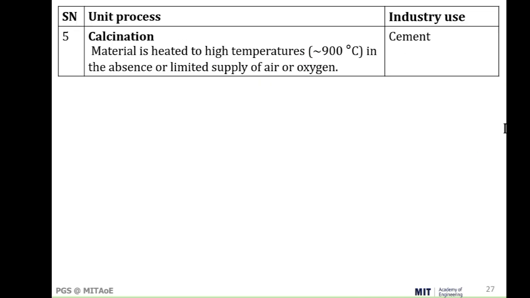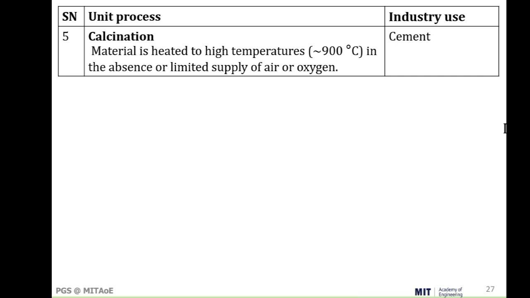The next unit process is calcination. Calcination is heating any material at high temperature in the absence or limited supply of oxygen or air. Organic or inorganic compounds can be calcined at high temperatures like 900 degrees or even more, depending on the product required.